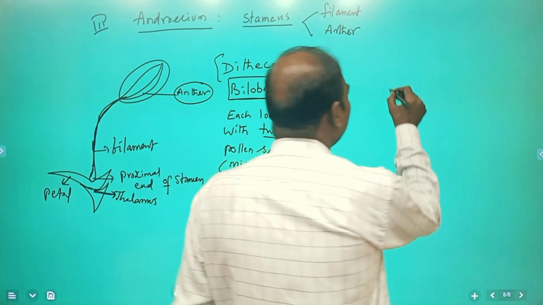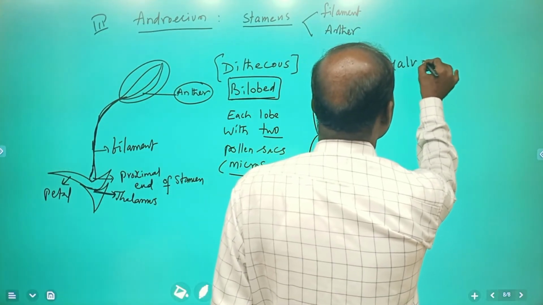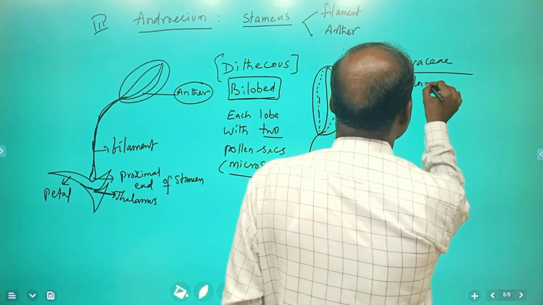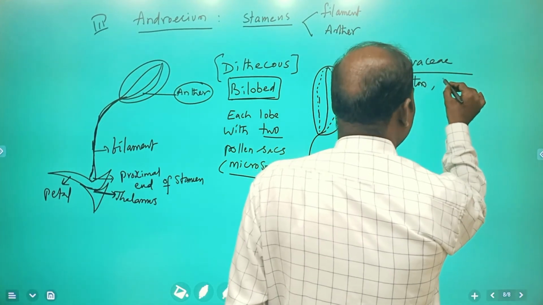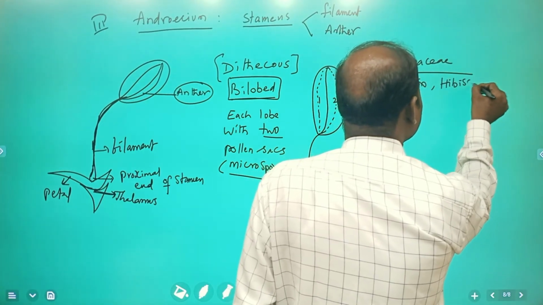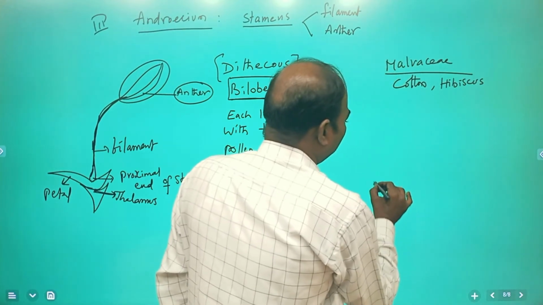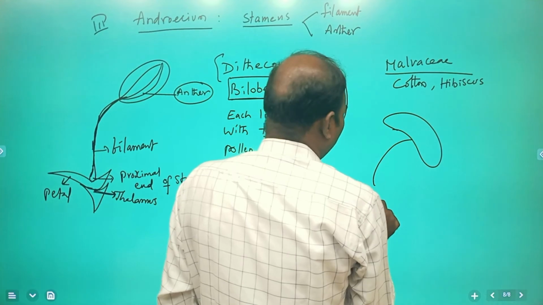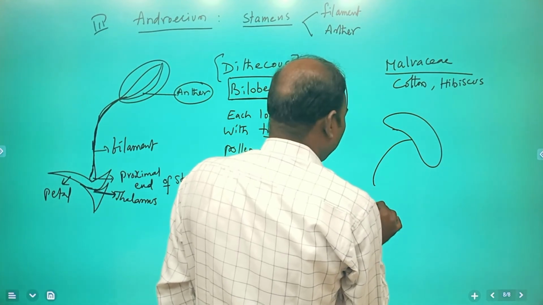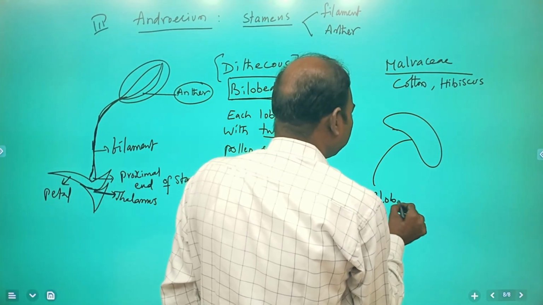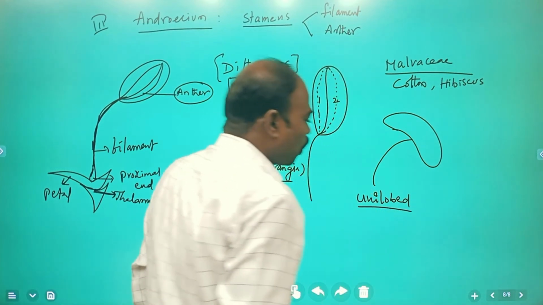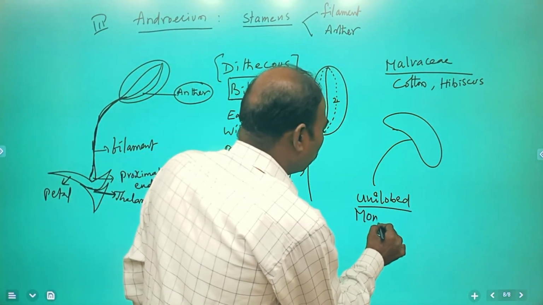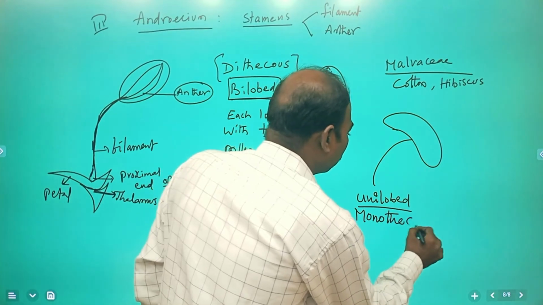Whereas in some plants like Malvaceae members, like cotton, hibiscus, etc., the anther is unilobed or monothecous.